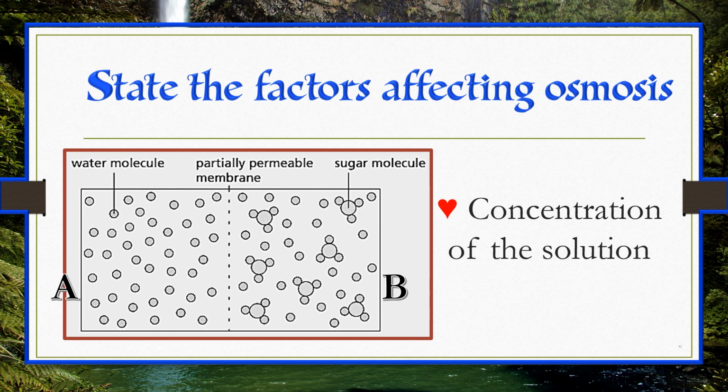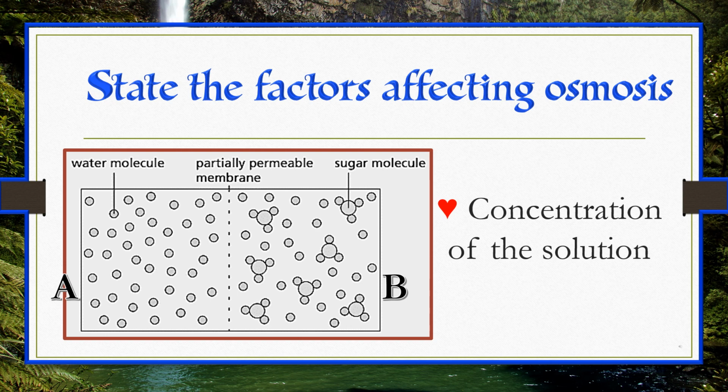That means, in terms of concentration, if we are looking at the sugar molecules, side B has more sugar molecules, therefore it is concentrated compared to side A. But when we talk of the water molecules, we have a high concentration of water molecules on side A than on side B. Because on side B, the sugar molecules are attracting most of the water molecules, and that reduces the concentration of water molecules on side B.